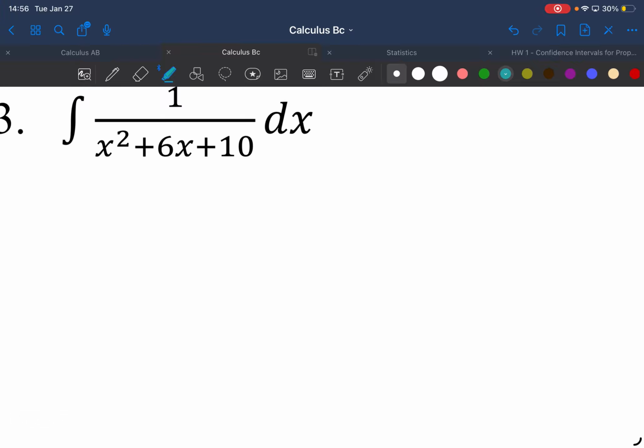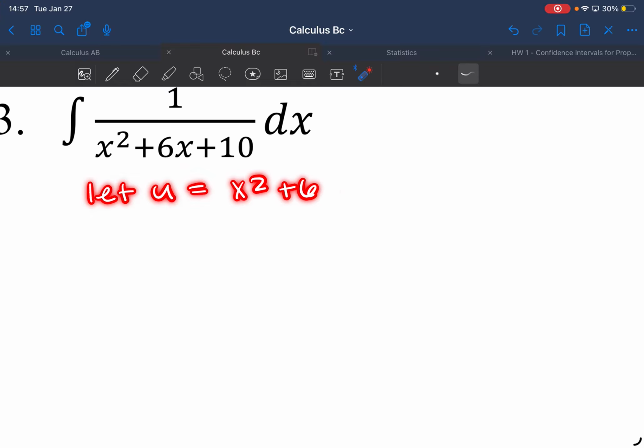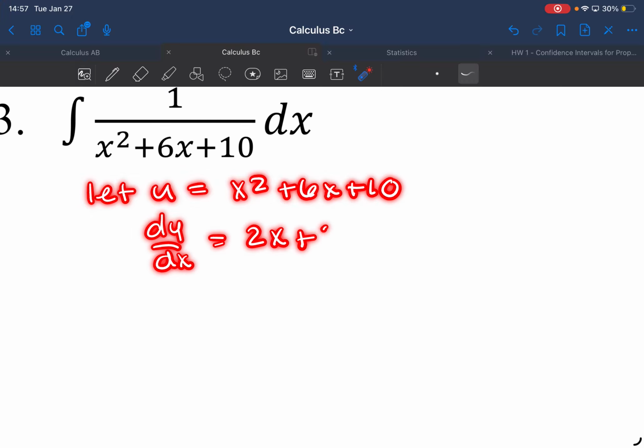If I was to take the derivative of u, which is the derivative of this denominator, would I be left with x values? I would. Okay, this is what we're saying out loud. Don't write this. If we say let u equal x squared plus 6x plus 10, then du dx is equal to 2x plus 6.